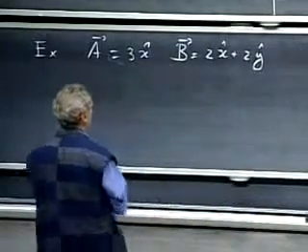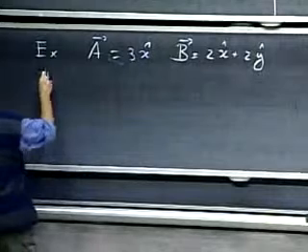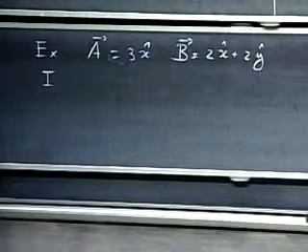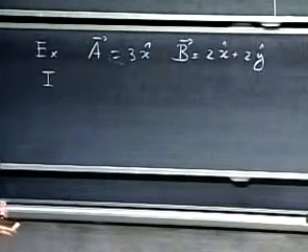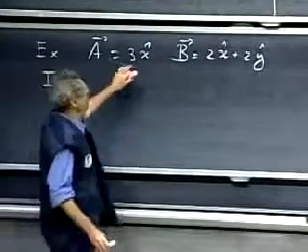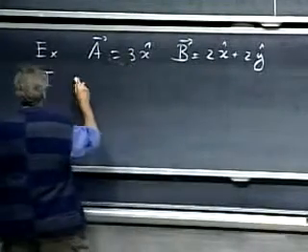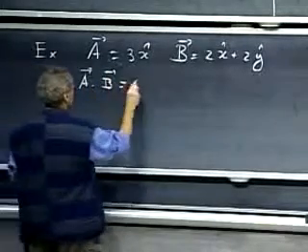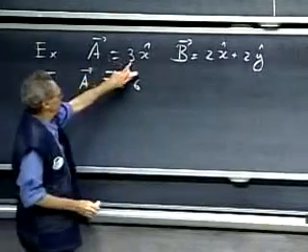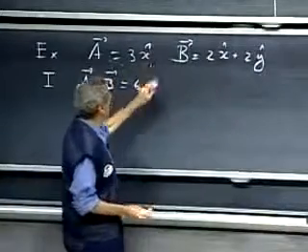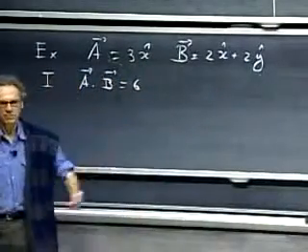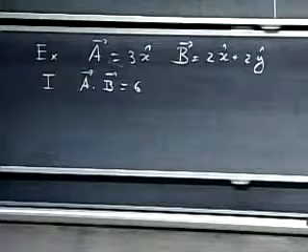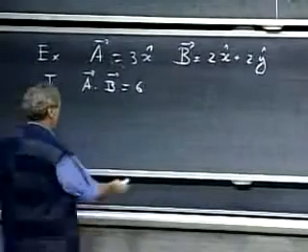Well, you could use method number 1, which in this case is by far the fastest, believe me. Ax is 3 and Bx is 2, so that gives me a 6. There is no Ay, there is no Az, so that's the answer. It's just 6. That's the dot product. You could have done it that way.